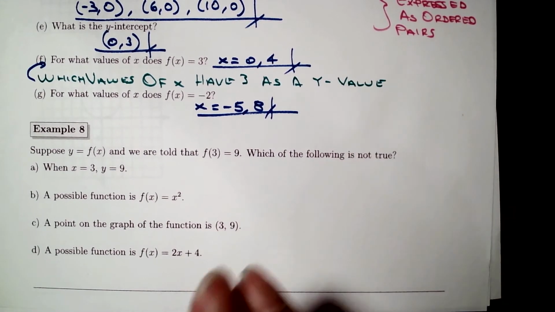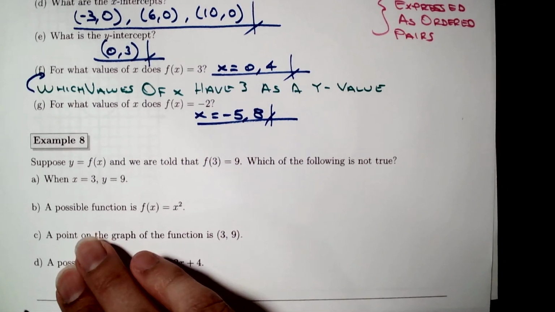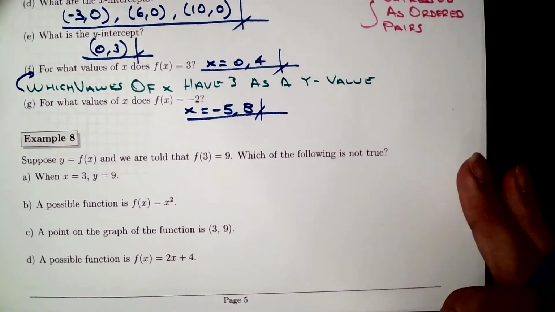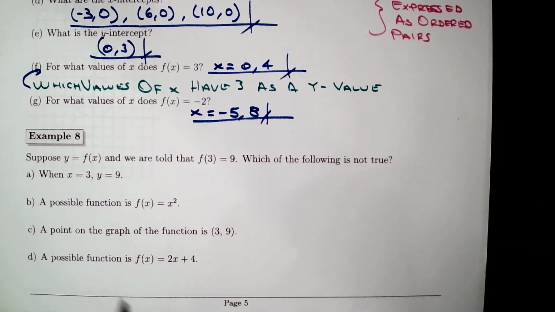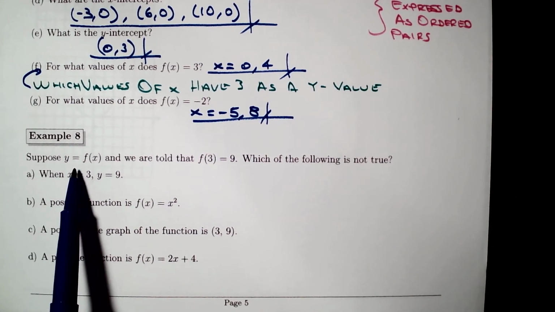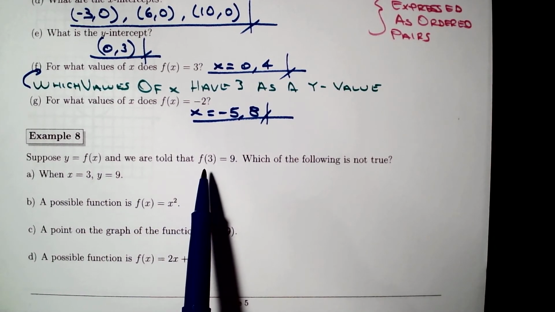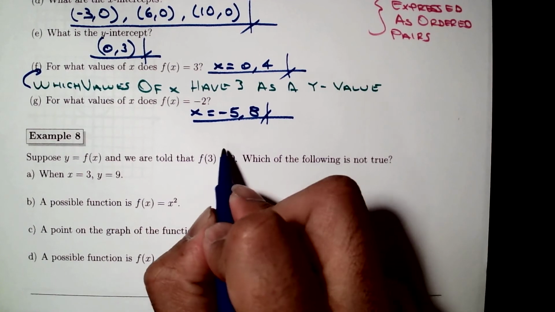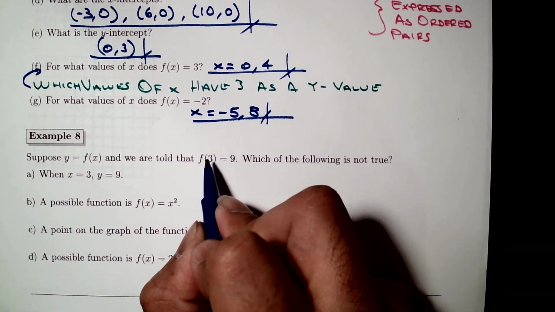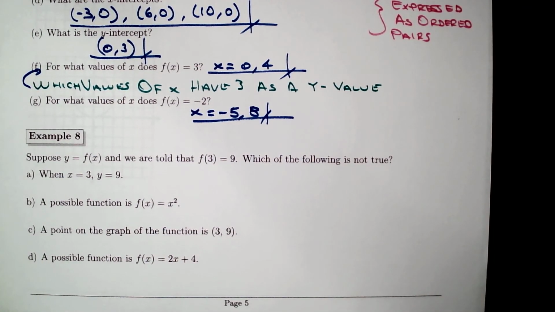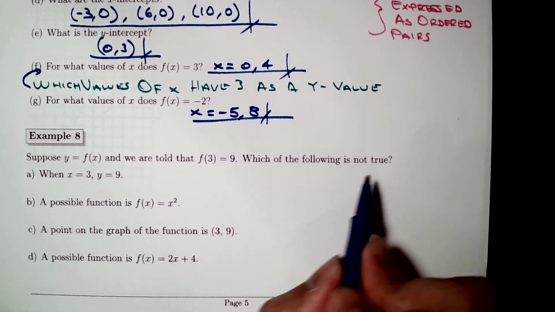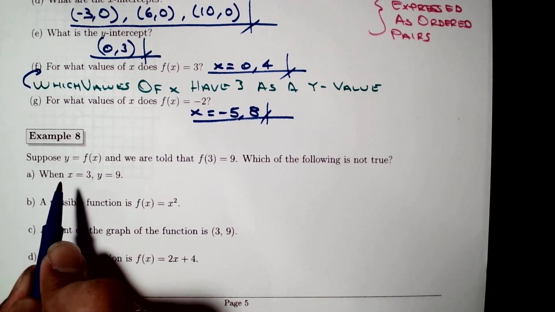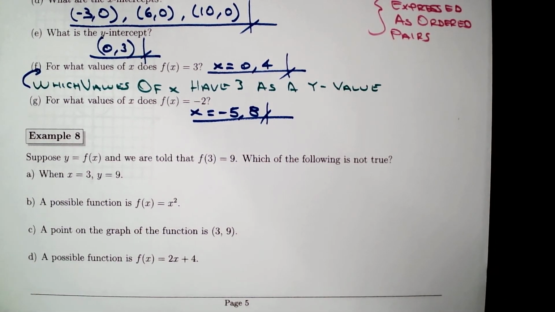So this last example, number 8, I'm going to let you do it on your own. All you have to do is choose the correct one. So what do we have? Suppose y equals f of x, and we are told that f of 3 equals 9. Based on everything that we learned when we look at this notation, input, output, and all that, which of the following statements is not true?